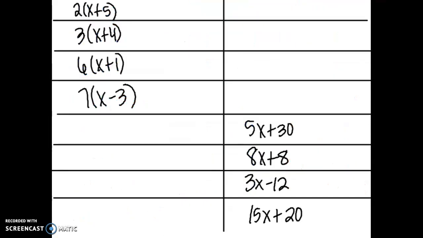All right, so let's practice this. To distribute, you take what's on the outside and multiply everything that's on the inside by that number.